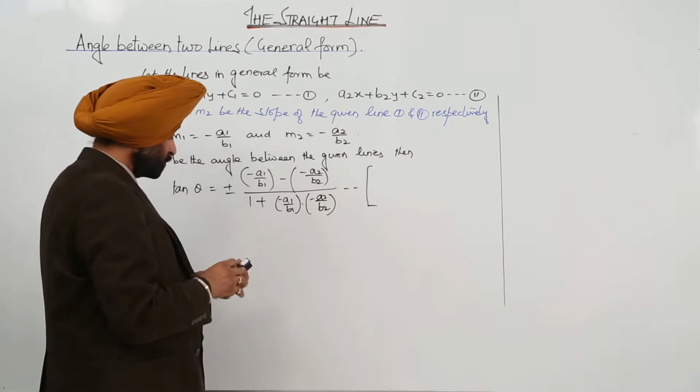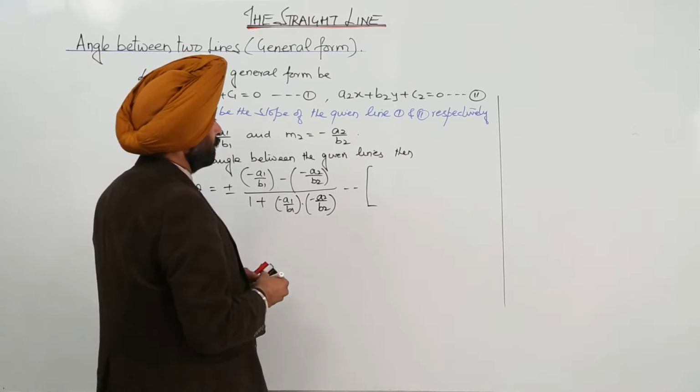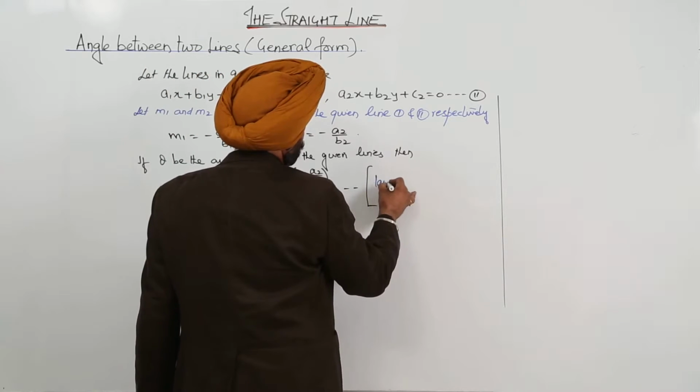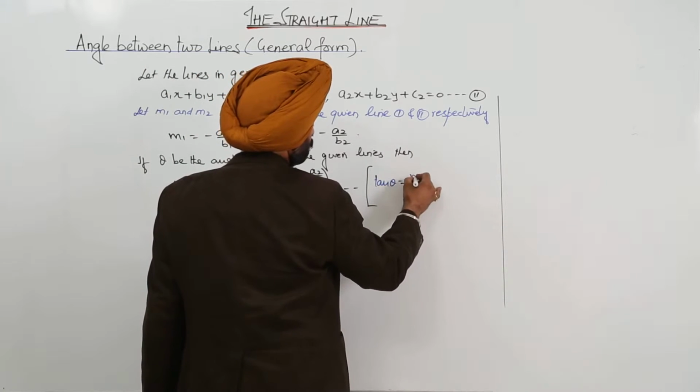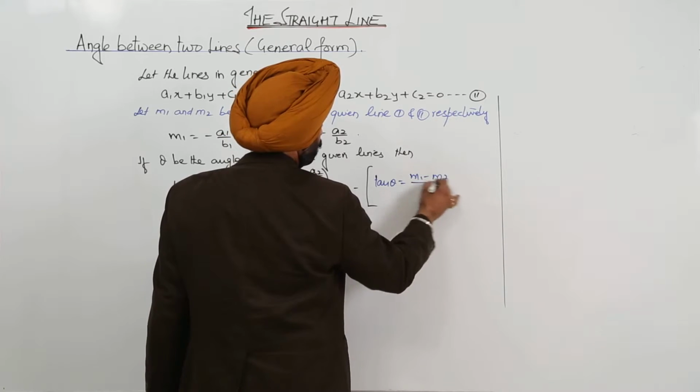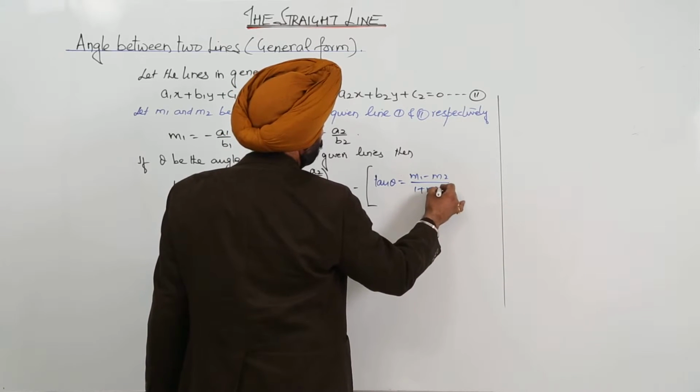What I have used here for tan theta, we have already done when slopes are given to us: m1 minus m2 upon 1 plus m1 m2.